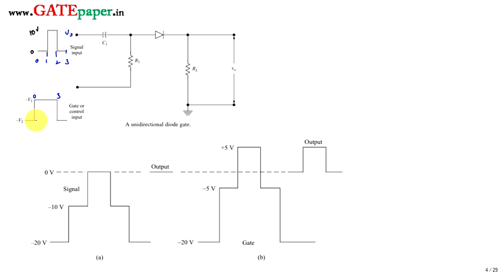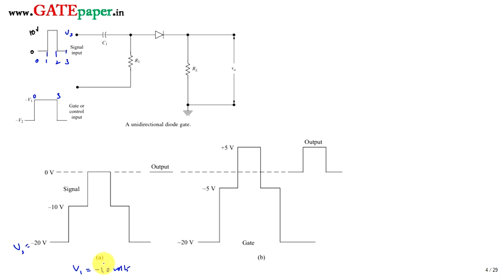If you are applying this signal, the first case, this is case A, where the input signal is constant, having 10 volts magnitude during 1 to 2. And V2 is always constant at minus 20 volts, and now assume V1 is at minus 10 volts, first case.